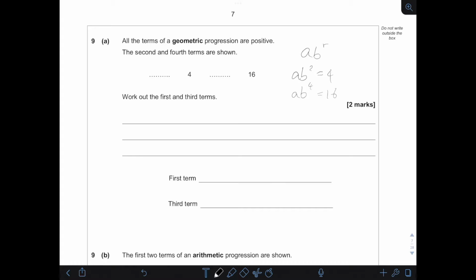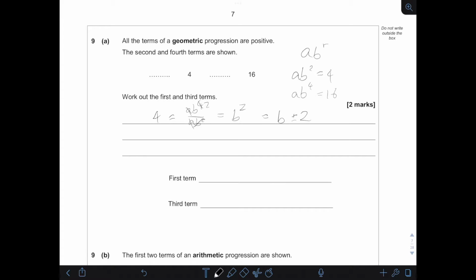Because if you divide 16 by 4, you get 4, and you essentially have a b to the 4 divided by a b to the 2, which they essentially can just all cancel to give you b squared. So b squared equals 4, and we know that b is plus or minus 2, right?